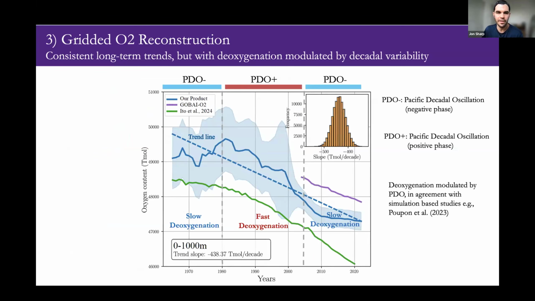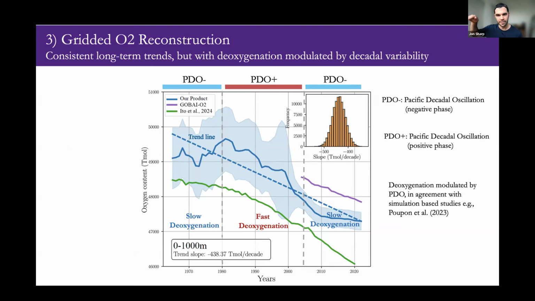Something that we've seen in our GODAP oxygen mapping group is that toward the end of the time series with Argo data included, there can be somewhat of an acceleration in the trend, so faster deoxygenation in recent years, and we've associated that with a slight negative bias in some of the Argo measurements compared to shipboard oxygen measurements.